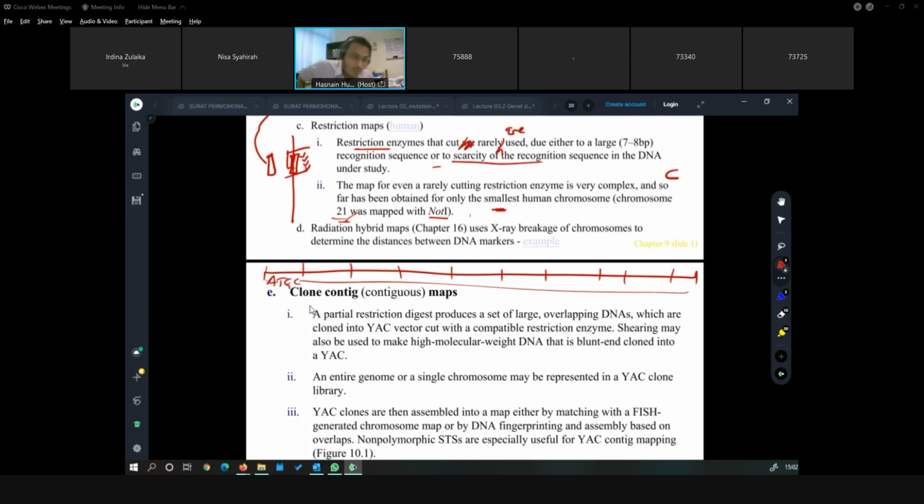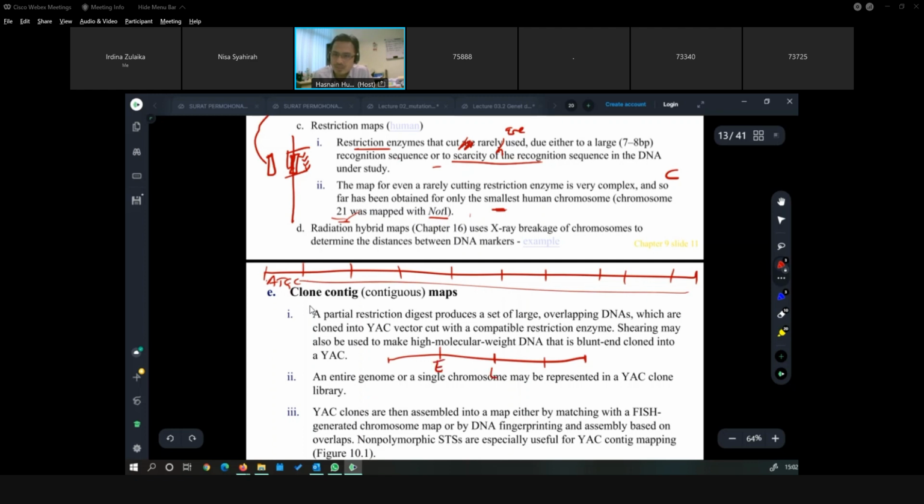Now, with restriction enzyme, if I have enough DNA and enough enzyme, what happens is this. Forget about chromosome 1 for a short while. If I have this fragment of DNA, and it has EcoRI restriction sites at 3 positions over here.